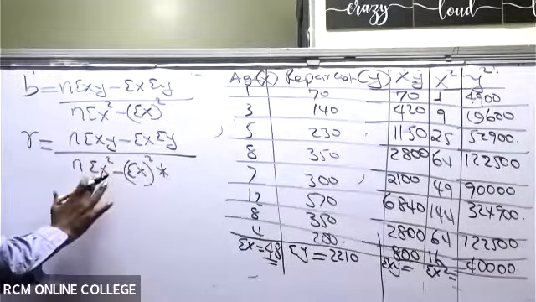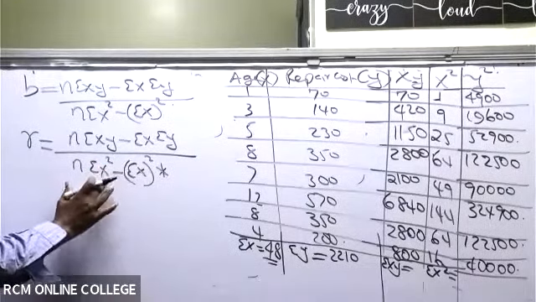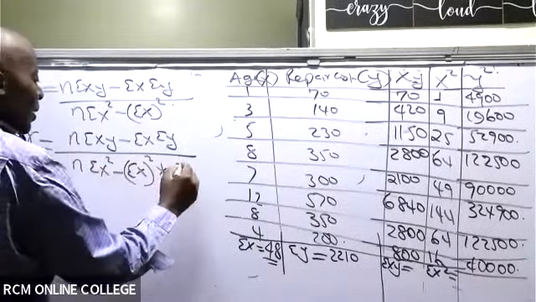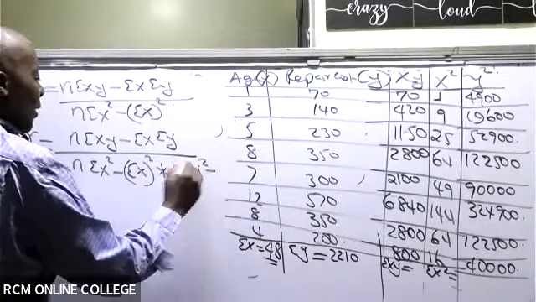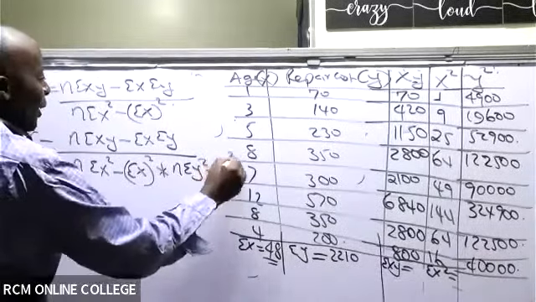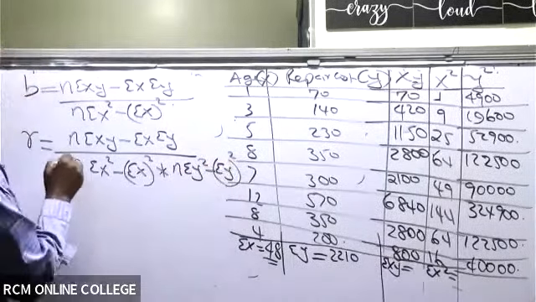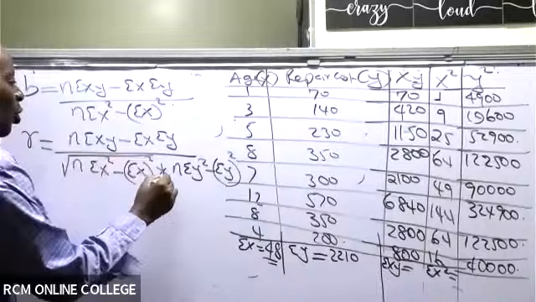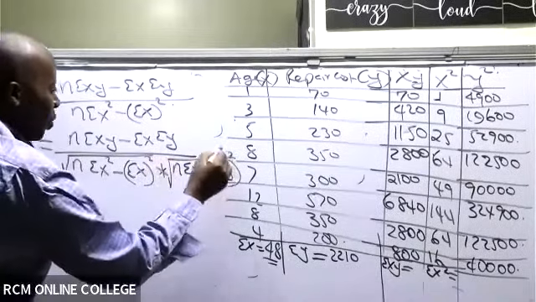So it becomes n summations of y squared minus sum of y squared. And then, of course, you put these under their respective square roots.